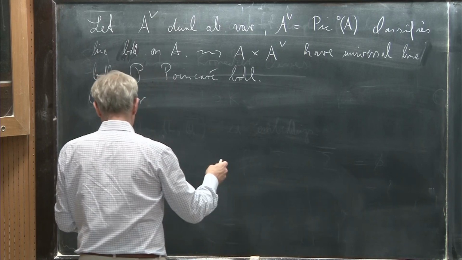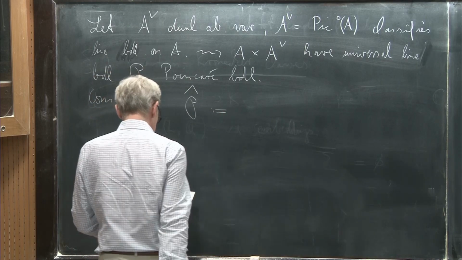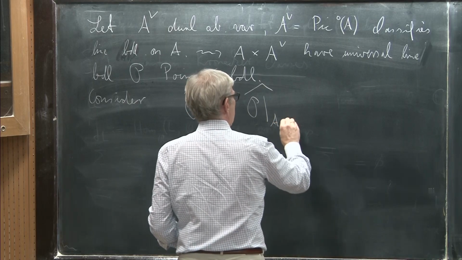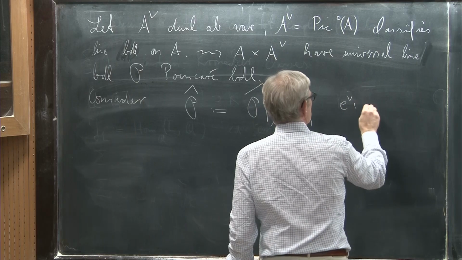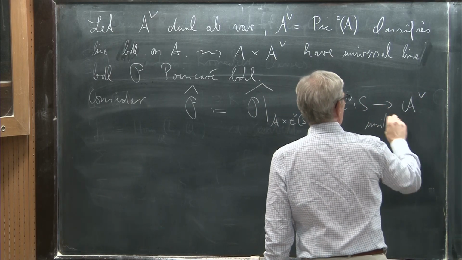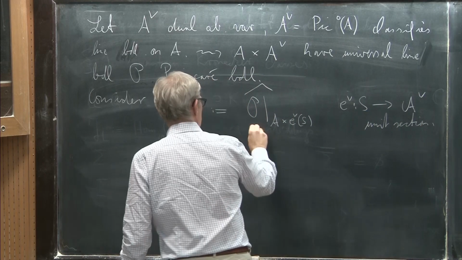So consider P hat, and that is just the formal completion along A times the unit section of A dual. And this is the formal completion here.